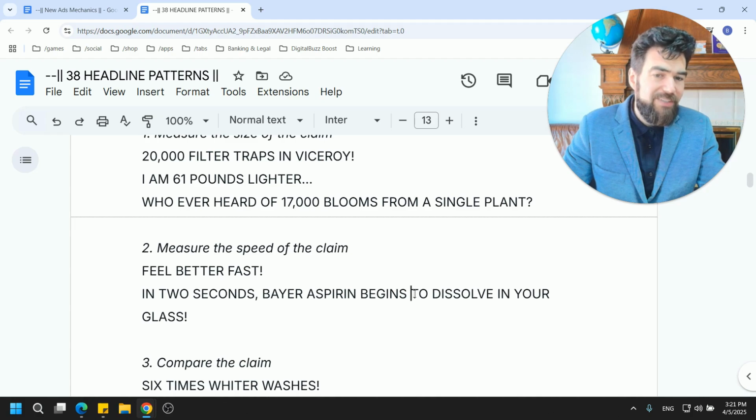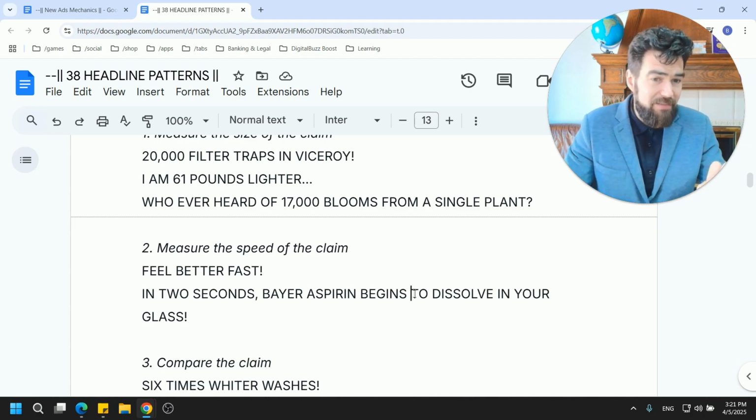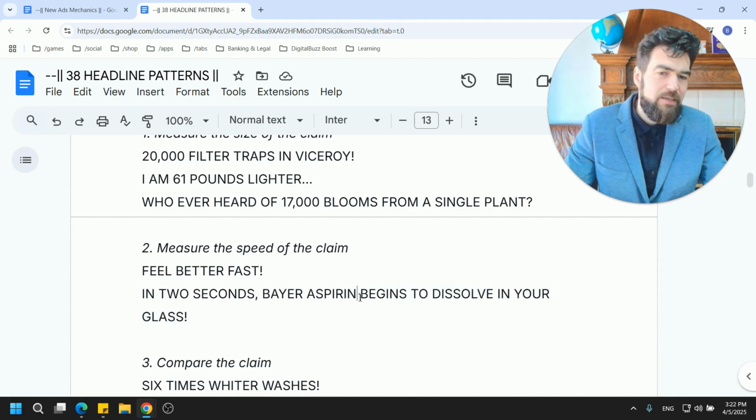The desire of the headline is about people, the aspirin, so it's for headaches probably. So the desire is getting rid of a headache. The desire is not to have this aspirin dissolve in your glass in 2 seconds, because that's not the problem that the product solves. Not really.